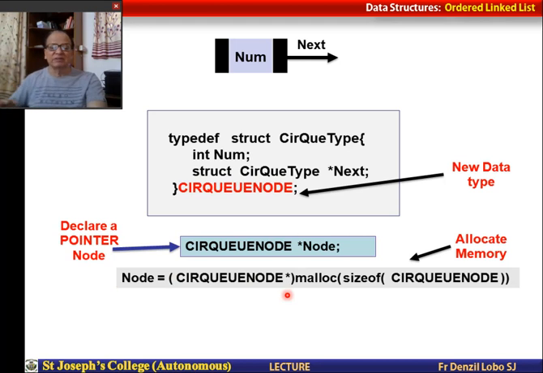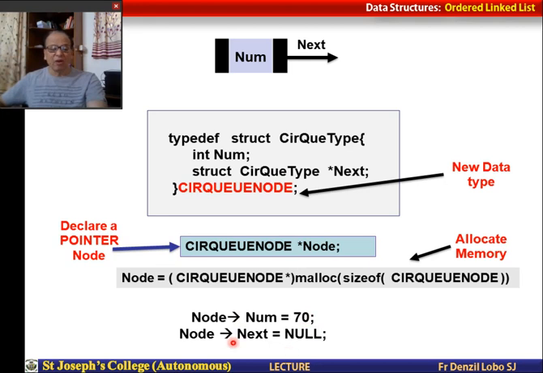You are very familiar with this. So node equals malloc of size of circular queue node, and of course the semicolon has to be there. Then I assign 70 to the number variable in node, and as always, we point the next to null, so that it is grounded.